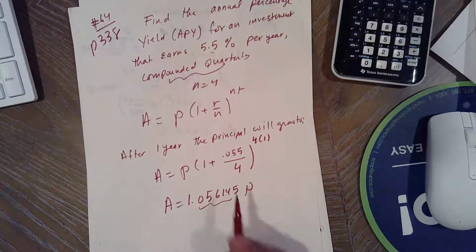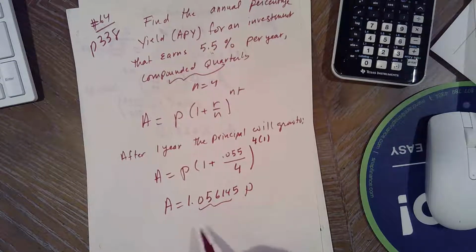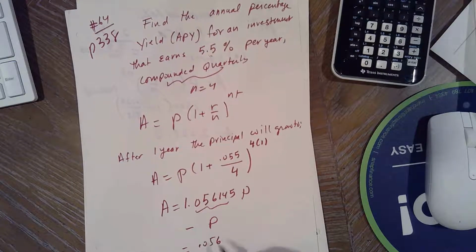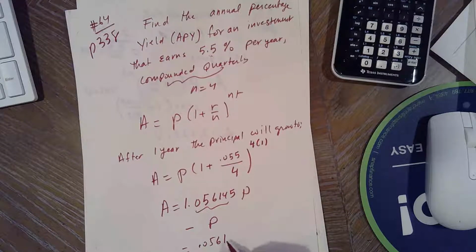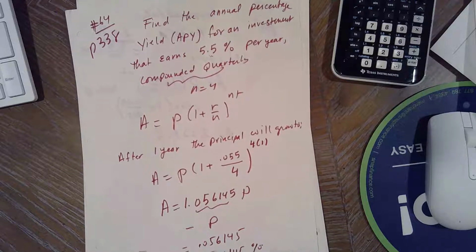So you can figure out what it is. If you subtract P from that, you're going to end up with 0.056145, which is 5.6145%.